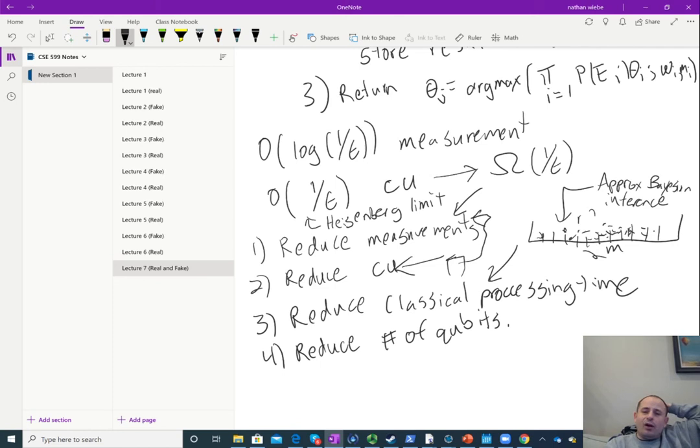Many of these that have better classical processing time will often have degraded performance in one category or another. So depending on how exactly we want to optimize the performance of a phase estimation algorithm, we'll choose one flavor or another. And later, once we've talked about the quantum Fourier transform, I'll show an example of how to do this using a large number of quantum bits, but which sets the classical processing time to essentially 0. So that's iterative phase estimation in a nutshell.